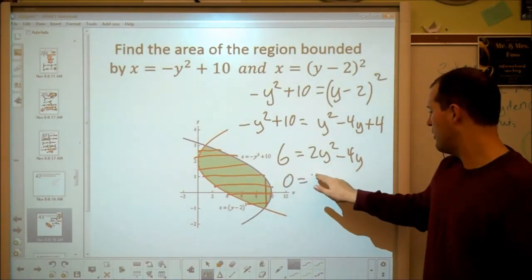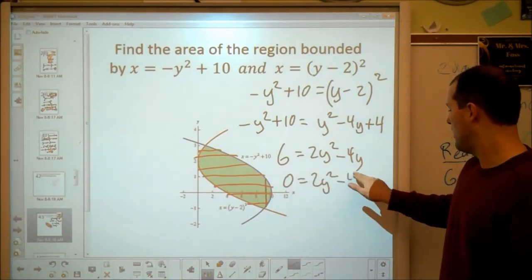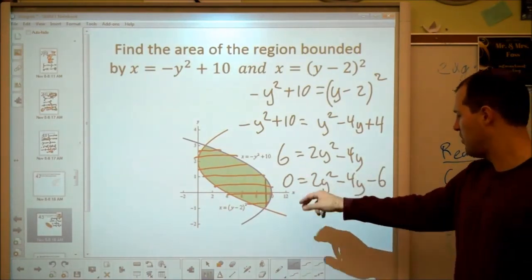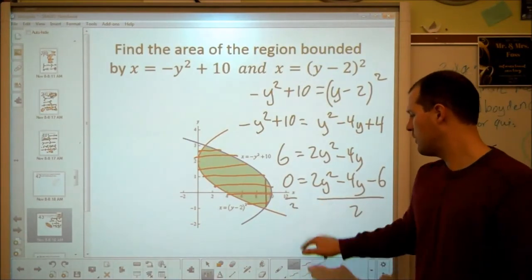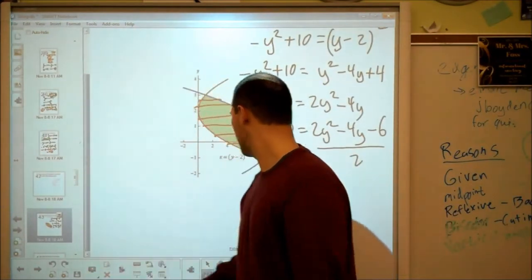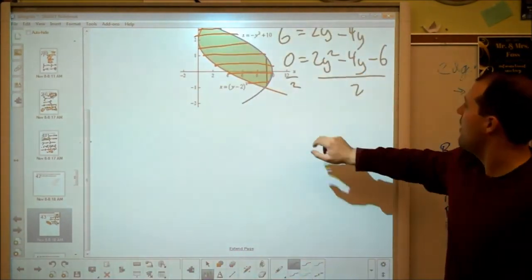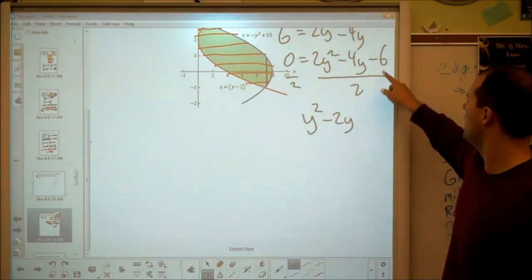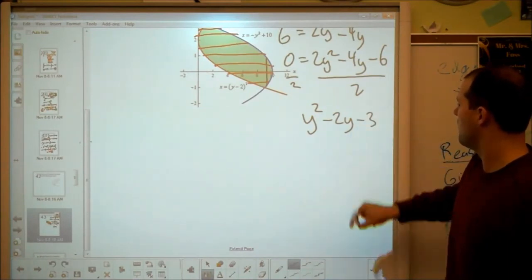And so I get 0 equals 2y squared minus 4y minus 6. Let's divide both sides by 2. And so now we've got y squared minus 2y minus 3.